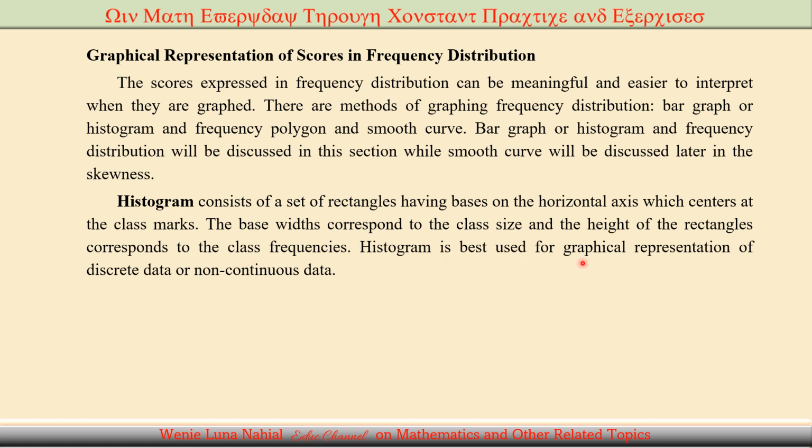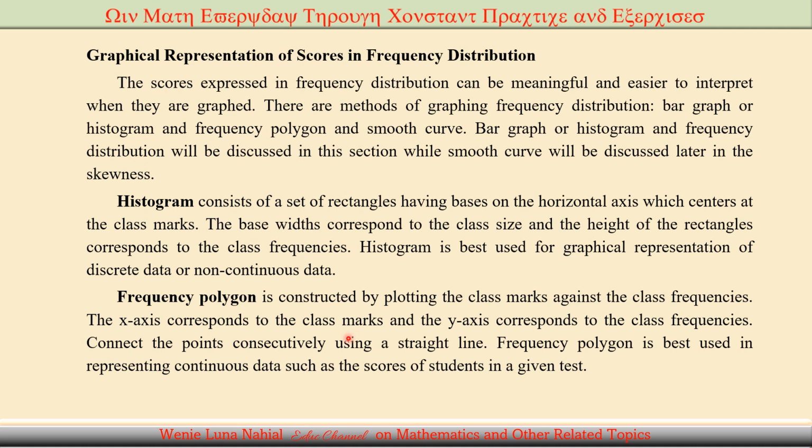A histogram is best used for graphical representation of discrete data or non-continuous data. Then a frequency polygon is constructed by plotting the class marks against the class frequencies. The x-axis corresponds to the class marks and the y-axis corresponds to the class frequencies. Connect the points consecutively using straight lines.